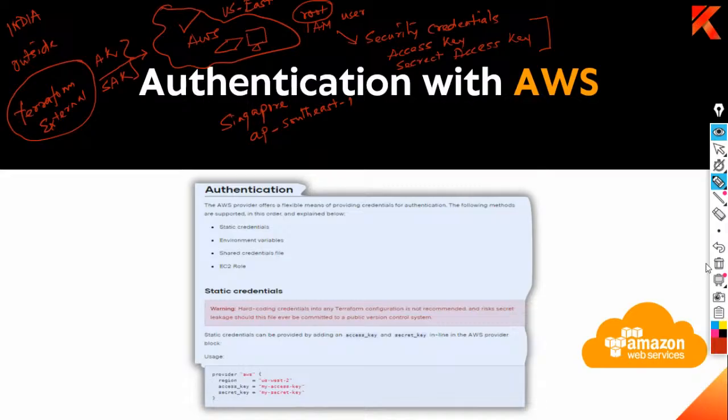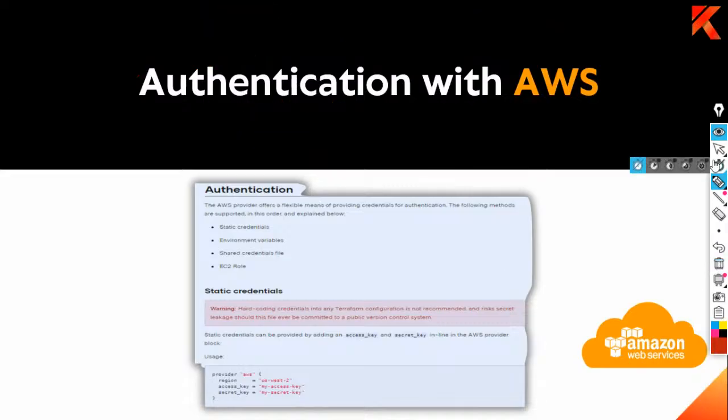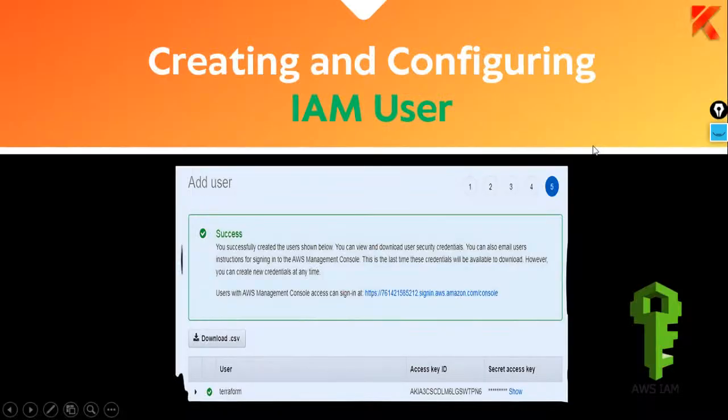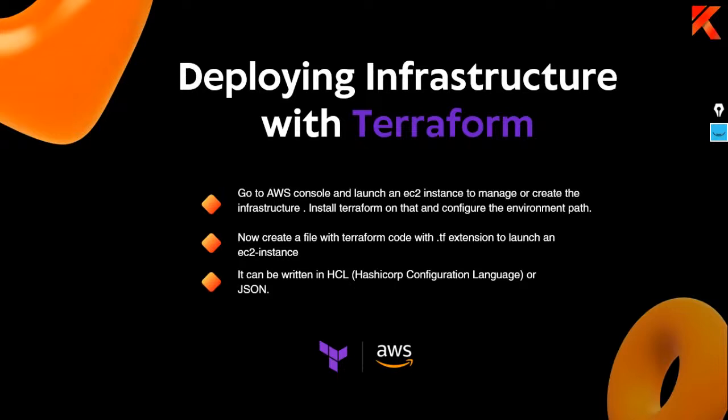Any questions so far? Basically, I have already created my IAM user or the root user, and I have given the access. I have also created the access key, I will show you. And there is also a secret access key, which we can use.